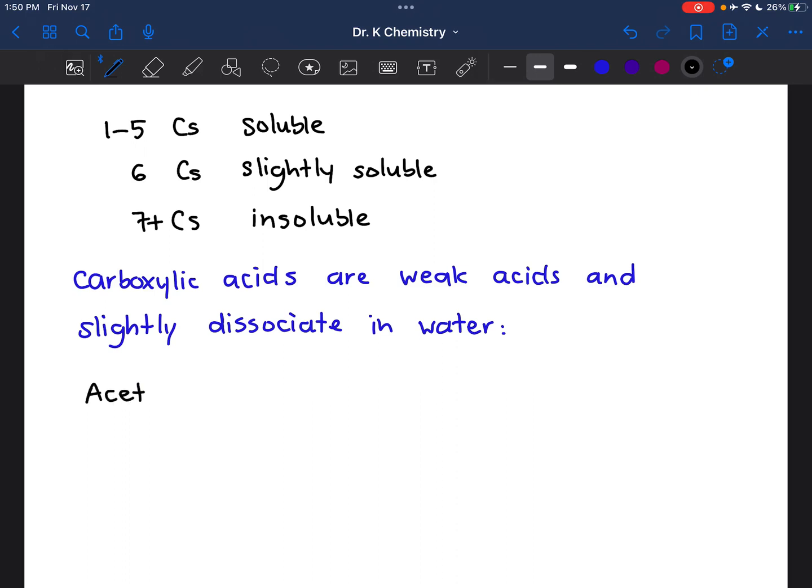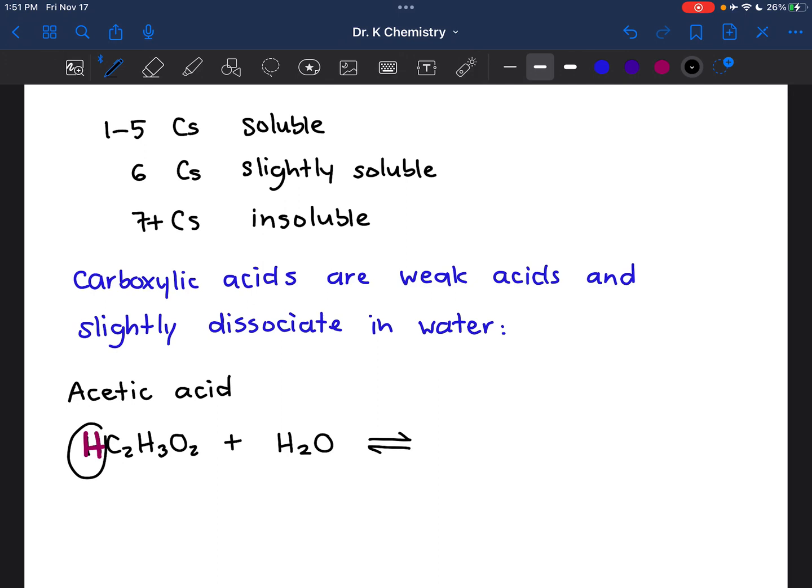So if you think about this way back in the day when we talked about acetic acid, which had this kind of structure, we drew up an equation for that partial dissociation. And we said in water, it can react. We drew a reversible arrow to indicate that it's not a complete dissociation, it's a partial dissociation.